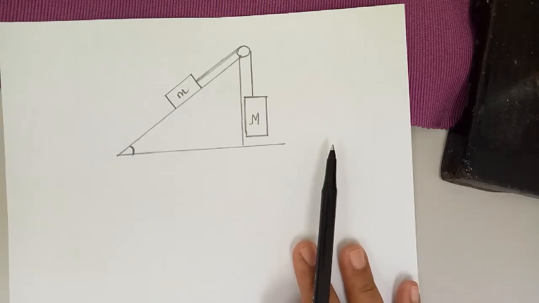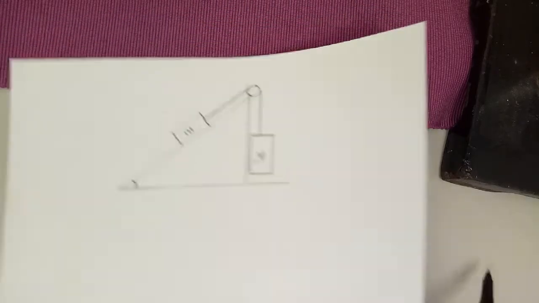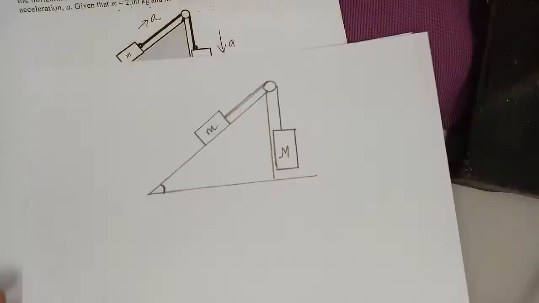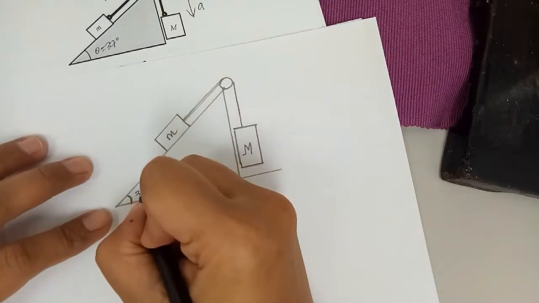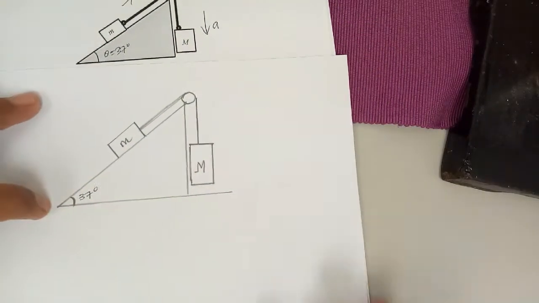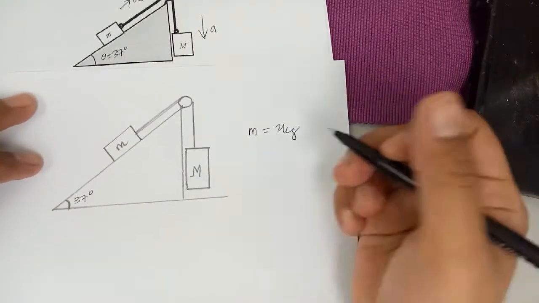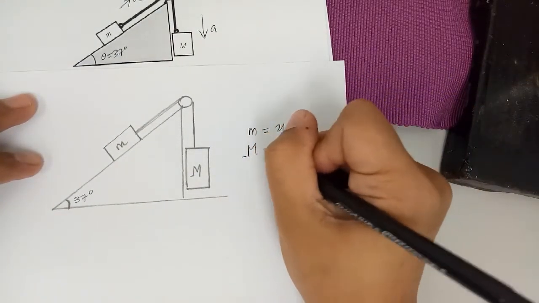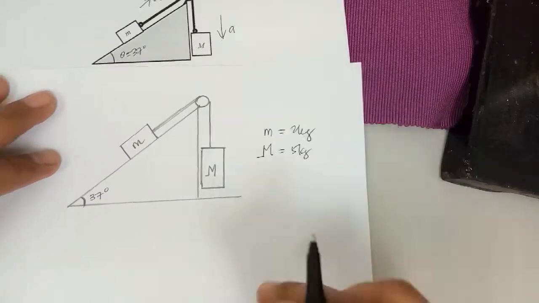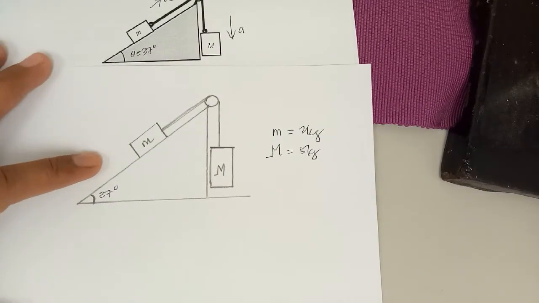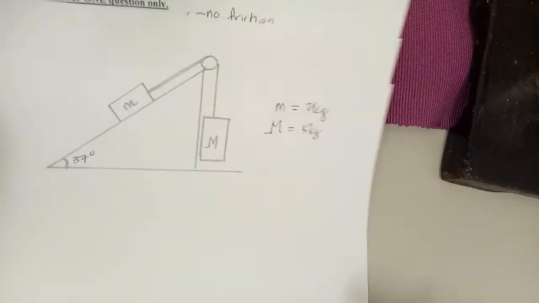Given that the angle is 37 degrees, mass m is 2 kg, and capital M is 5 kg. We can draw the free body diagram on the picture.